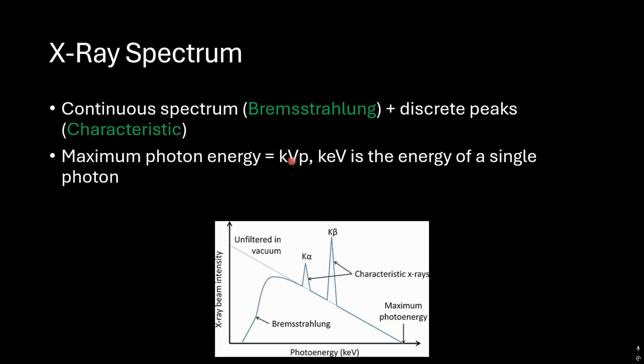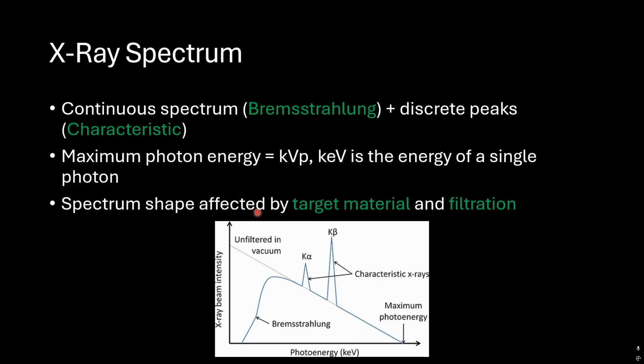So the general idea, when I say kVp, I mean the peak of our spectrum. So our peak is here, so my kVp will be the number that is sitting here. But when I say the keV, it can mean the single photon energy or the average energy. Spectrum shape is affected by target material and filtration. The target material will affect our spectrum shape for sure, and the filtration as well will affect the spectrum.